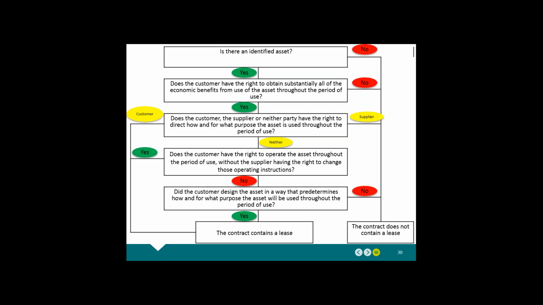If the customer, in substance, has control of this asset for this period of time, we say it's a lease, which means it will come on balance sheet. All right, so again, a judgment call on various levels that impact whether this asset will be on or off balance sheet for the customer.